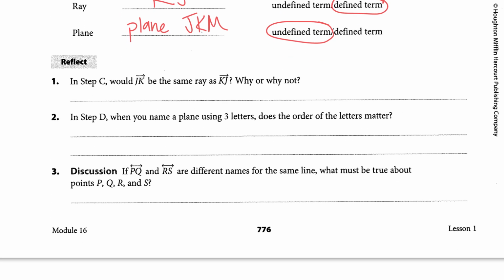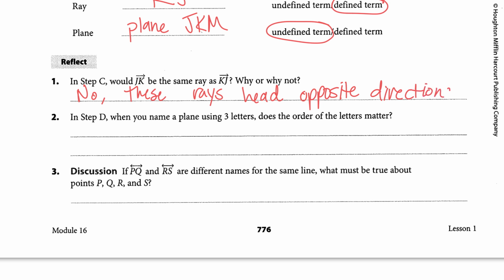In step C, would ray JK be the same ray as ray KJ? Why or why not? No. The rays would go different directions if you change the letters. In step D, when you name a plane using 3 letters, does the order of the letters matter?